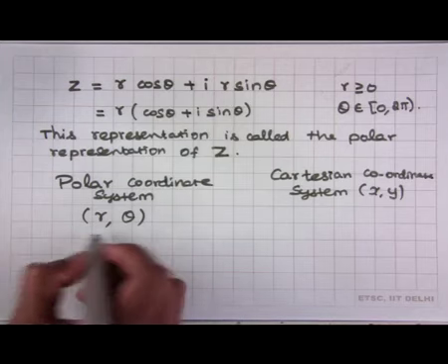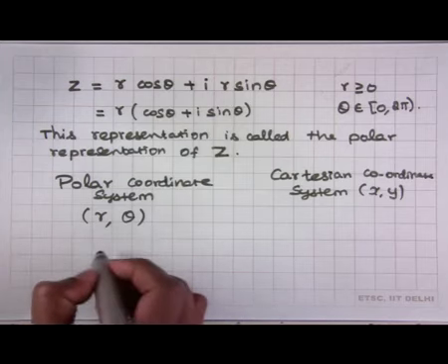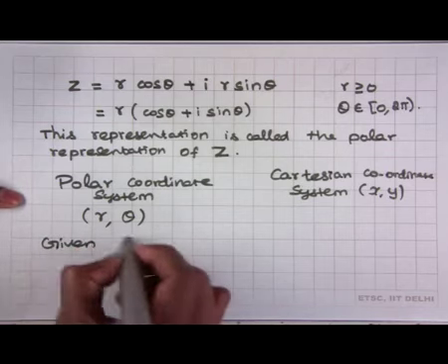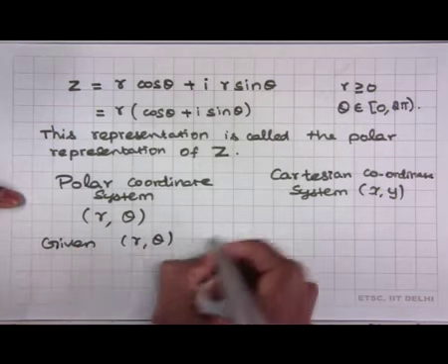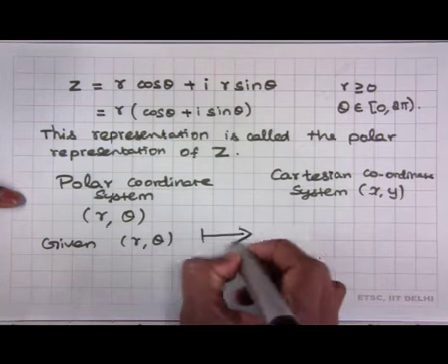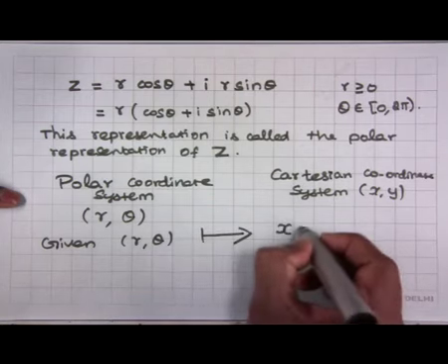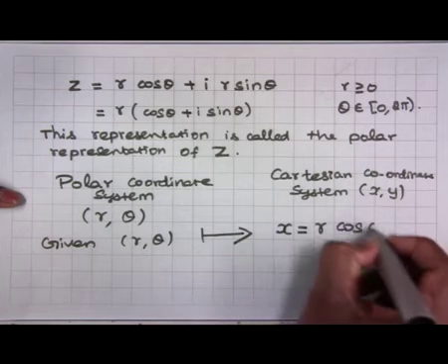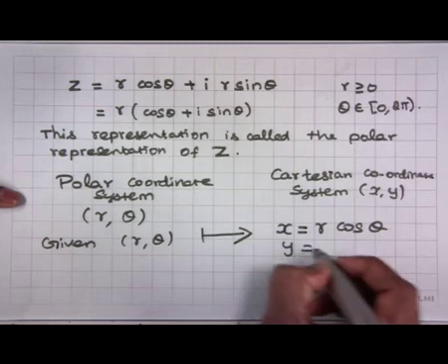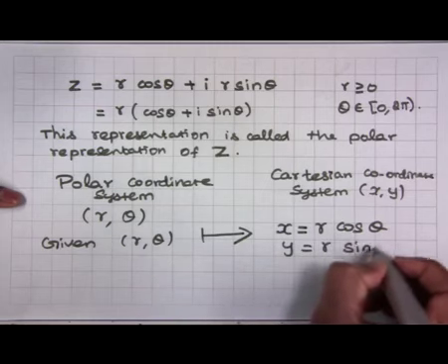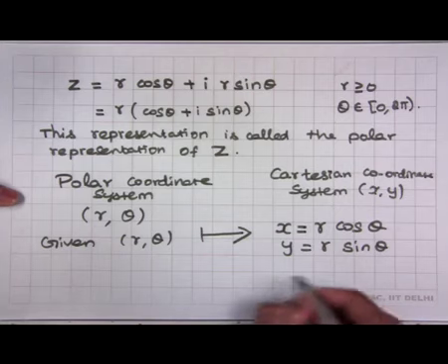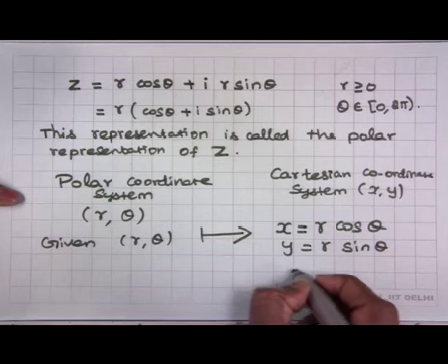Suppose r and theta are given. Then we can associate the point in the Cartesian coordinate system as x equal to r cos theta and y equal to r sin theta. Conversely, suppose we are given x comma y.